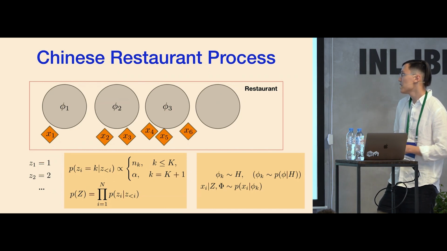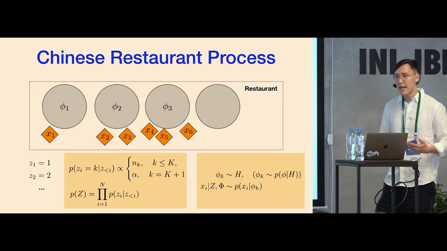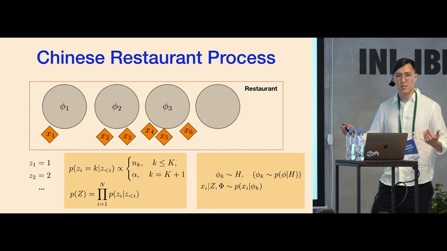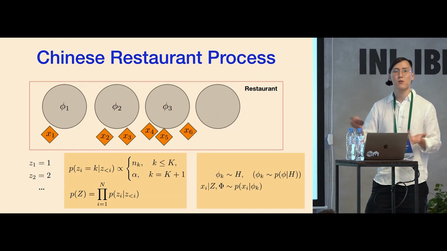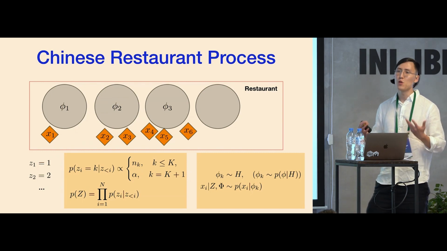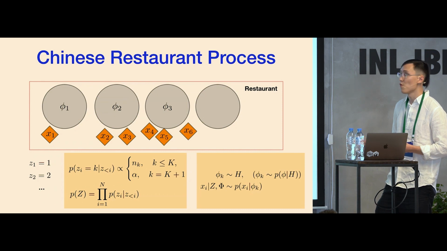The larger the alpha is, the more likely a new customer creates a new table, creates a new cluster. And by tweaking this parameter, we can either increase the number of clusters, increase the granularity of our clustering, or do the opposite. If we want only a few big clusters, we only need to set alpha to a small value.